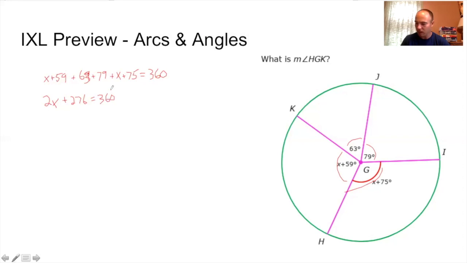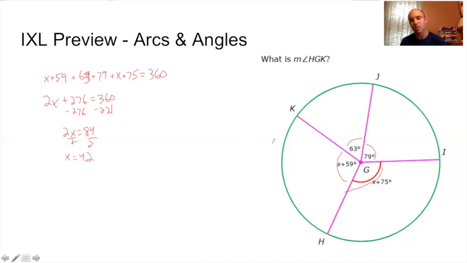I'll subtract 360 minus 276. So 2x equals 84. And just in case you're curious, a little review, I just subtracted 276 from both sides. Then x divided by 2, so x equals 42. The thing is, they're not asking you 42.